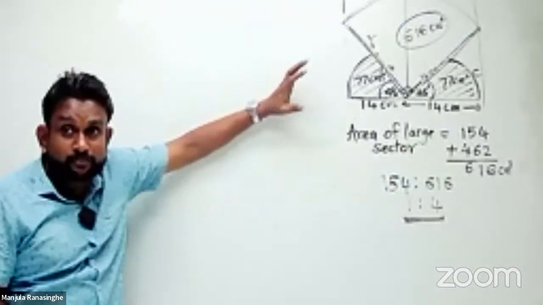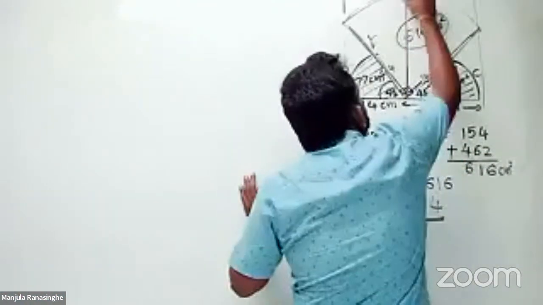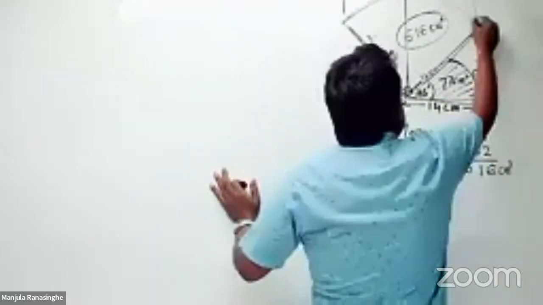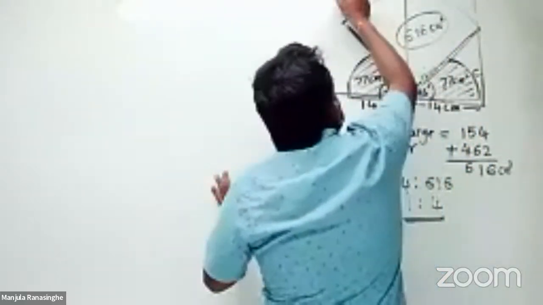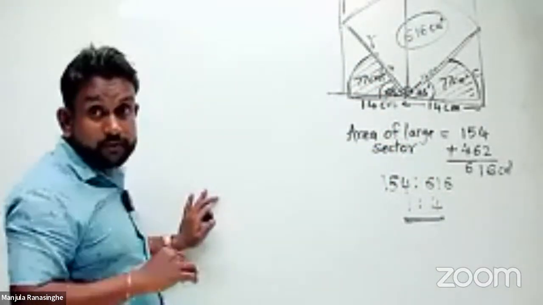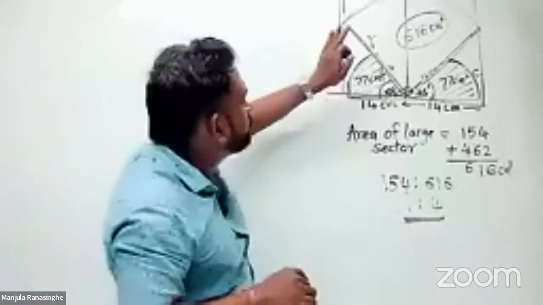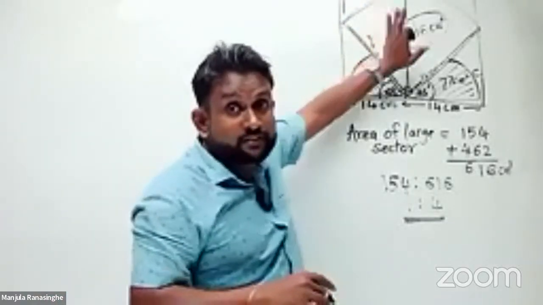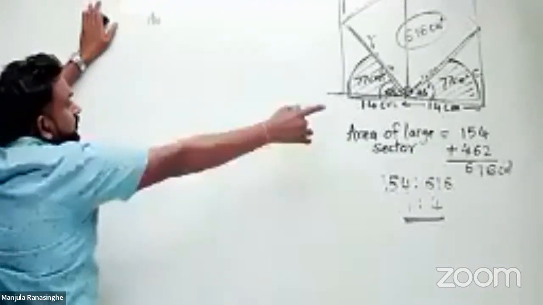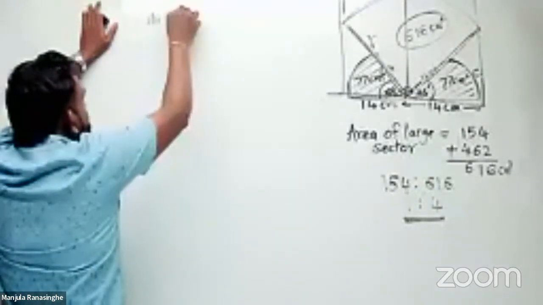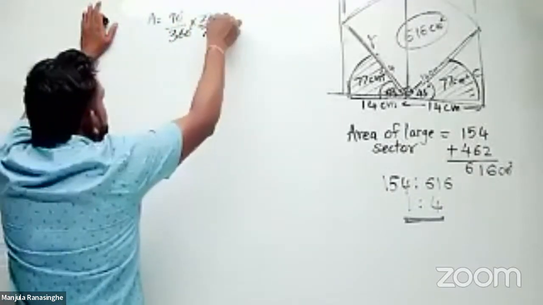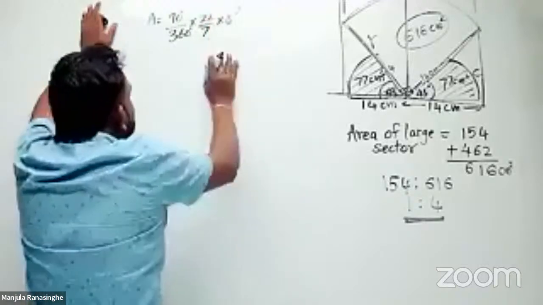So my view is I take the radius of this part, then here this radius and this radius, then I can see that the actual shape that I take is a square shape, right? Then I take the radius of this bigger sector where the area is 616. Now the area is theta 90 upon 360 into pi r squared, 22 upon 7 into r squared.